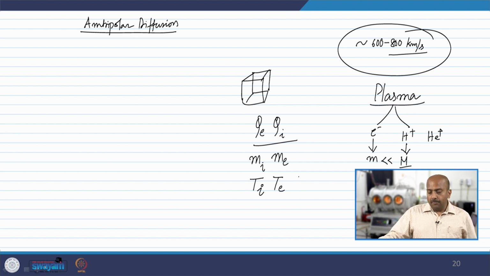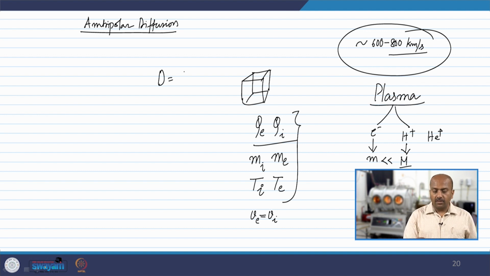Now, obviously, these things are different, but what you see, the velocity of electrons and velocity of ions is the same. If you bring something that you know already, then the diffusion coefficient for plasma is kBT by m nu, right. So, obviously you would expect that lighter mass particles will diffuse faster. That means the electrons will diffuse way faster in comparison to the ions, right.